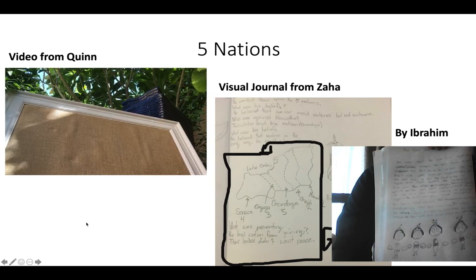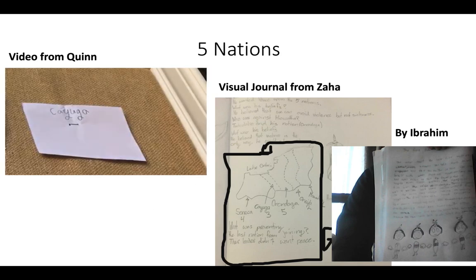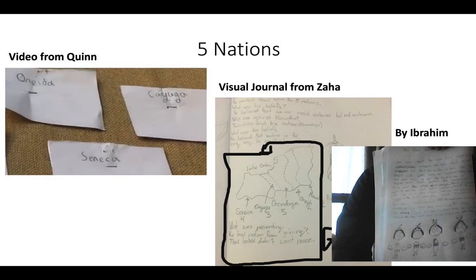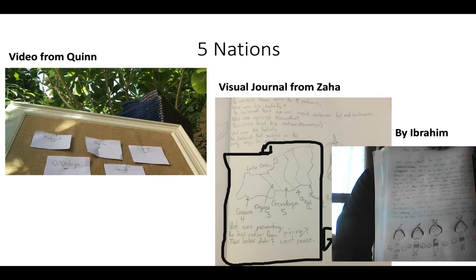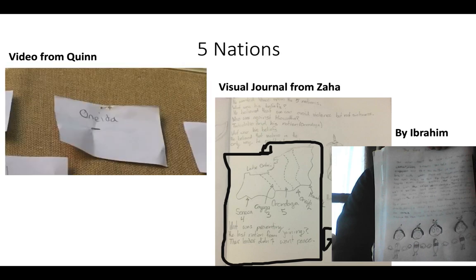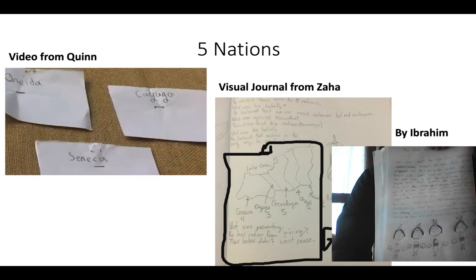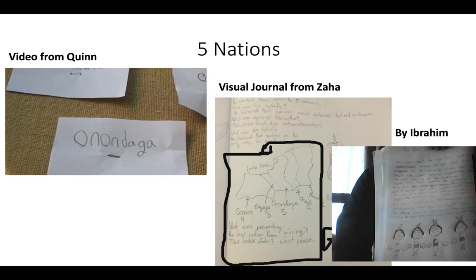There are 5 nations. All of them accepted the peace treaty, well, in different ways. The 5 nations were Mohawk, Onondaga, Kiowa, Onondaga, and Seneca. The order of the 5 nations joining was Mohawk, Onondaga, Kiowa, Seneca, and Onondaga.